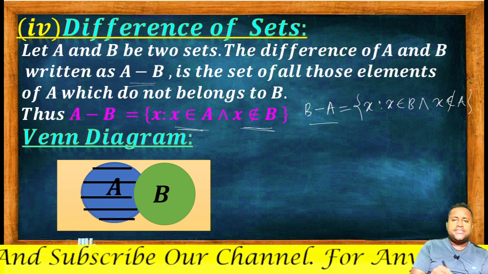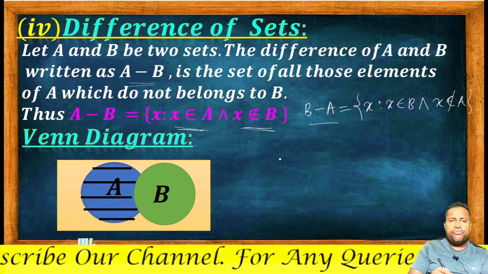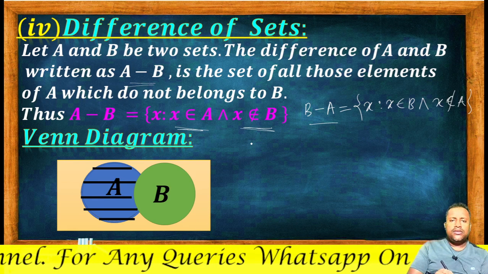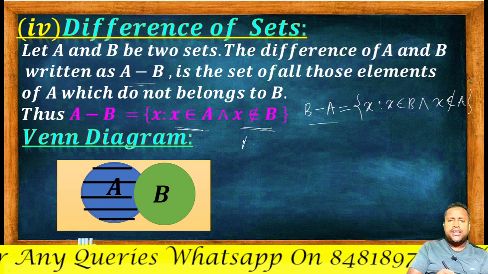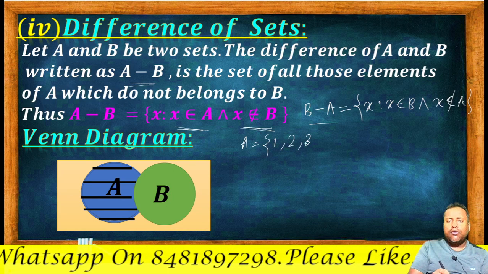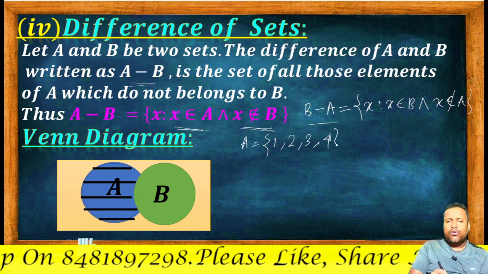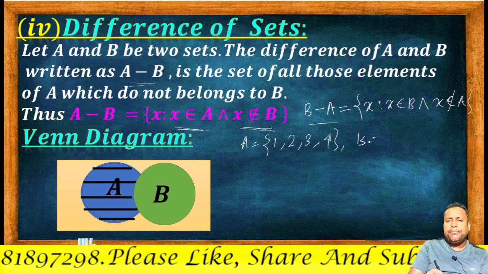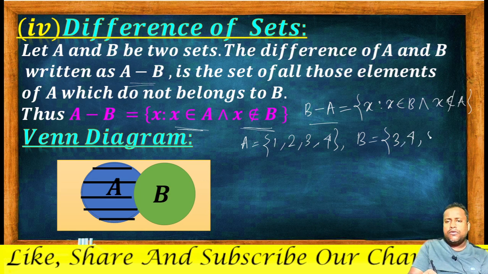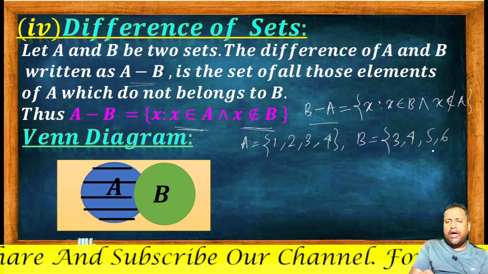And if we consider an example of roster method, then it will be like this. Say let A equal to {1, 2, 3, 4} and B equal to {3, 4, 5, 6}.